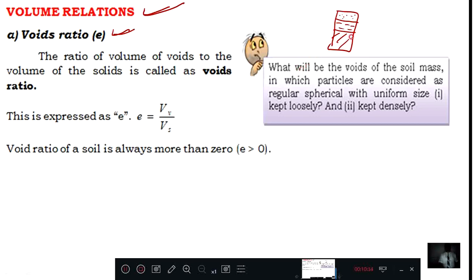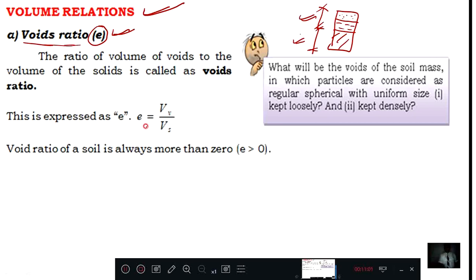Now I am comparing how much voids there are with respect to solids. Then I can call that comparison a voids ratio, denoted by the term e. This is defined as the ratio of volume of voids to the volume of solids.